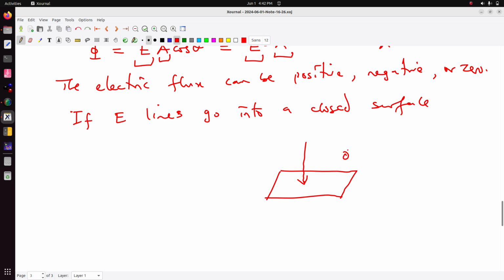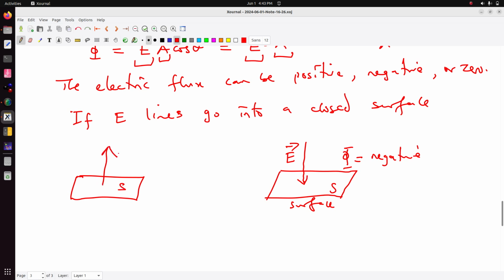So this is the electric vector E. It goes into this surface. Let's call the surface S. Then in that case, the flux is going to be negative.